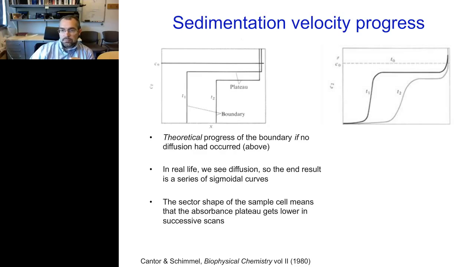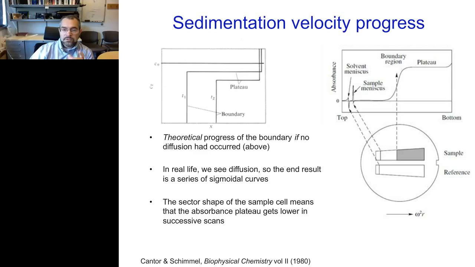Let me just forward it here, and this backs up what I just showed you. If we take this illustration of a sector-shaped sample cell for velocity, you can see that after a certain period of time, although the entire sample is shown by these delineations, the protein is only present in the right-hand portion, and the rest of this to the left is just buffer.